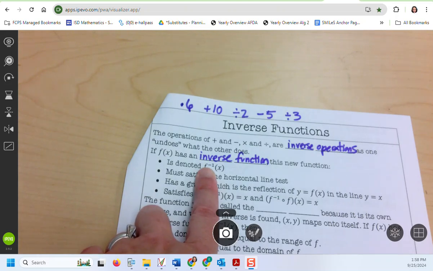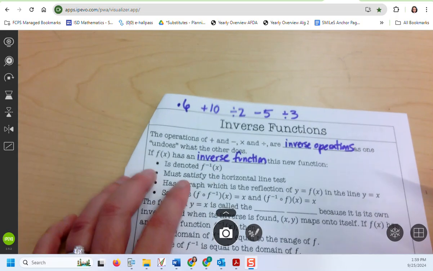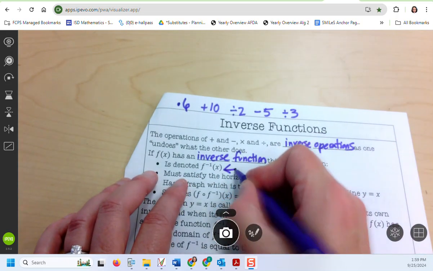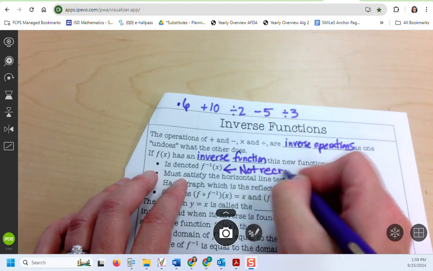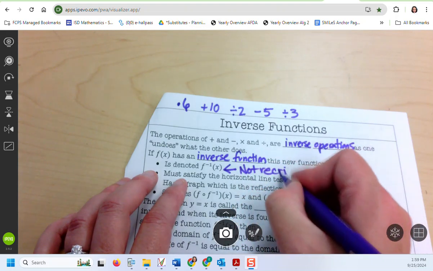You guys remember that? Like x to the negative 1 is the reciprocal of x? So in this case, if you have the exponent of negative 1 and it's on f, it's not on x, that means inverse, not reciprocal. People get confused by that.